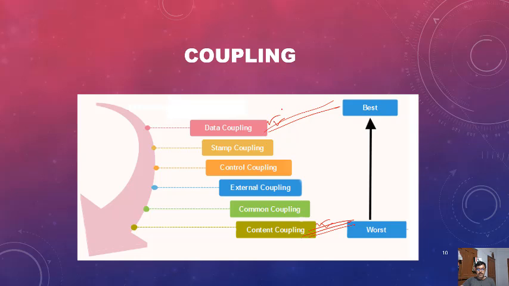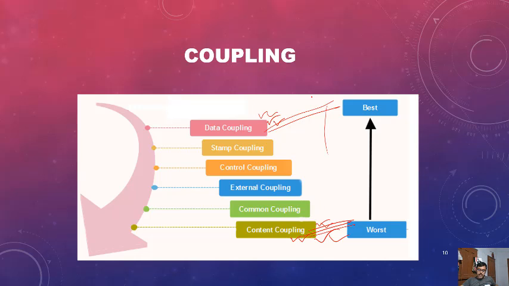In data coupling the modules are coupled together by passing values, whereas in content coupling they are coupled together by the code of the program. So our target is data coupling.